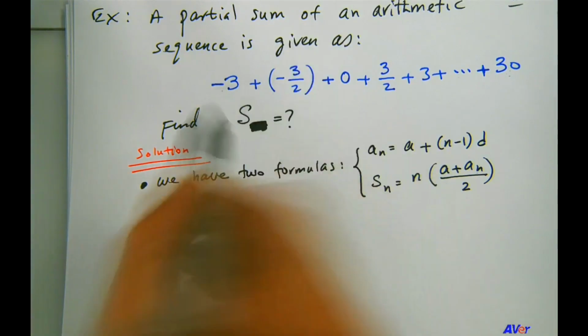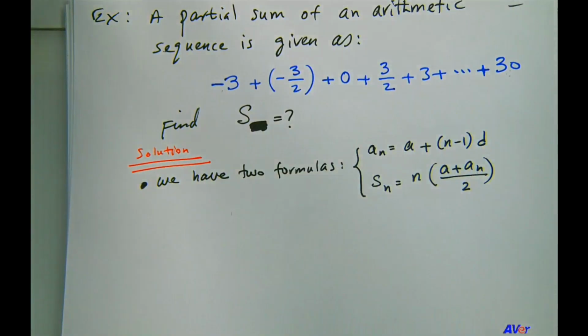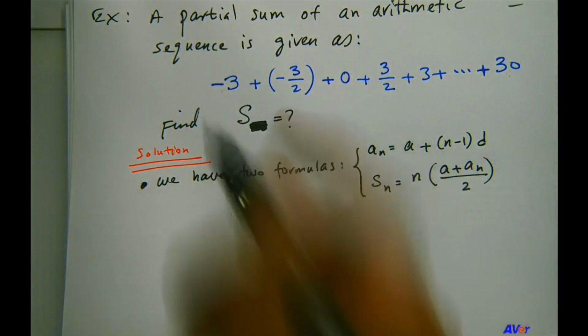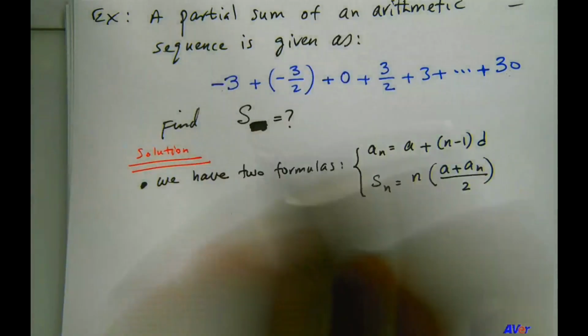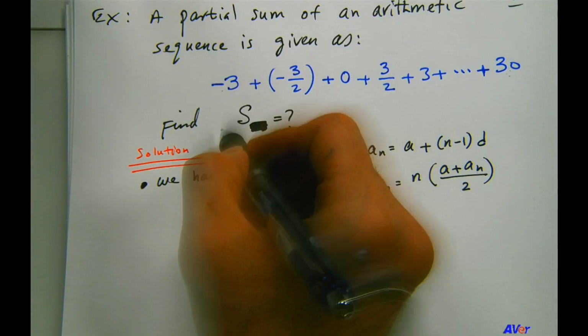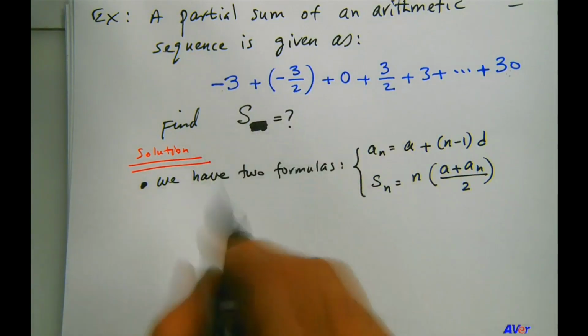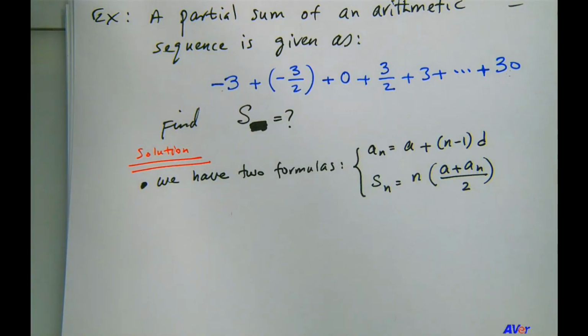But the question says, find the partial sum. So that's the missing piece that was missing from my problem statement. So find the partial sum. Let me correct this.